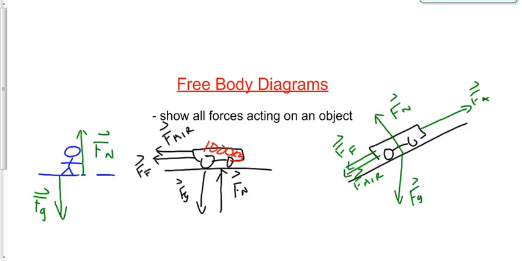Why do we draw these free body diagrams? Well, you can imagine if you're solving a problem where there's 13 forces acting on an object, it becomes a lot more difficult to solve it using F is equal to m times a. What force do we use? Remember, F is the net force, but the free body diagram makes it a lot easier for me to find the net force.